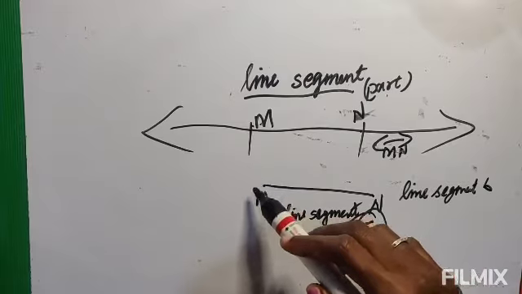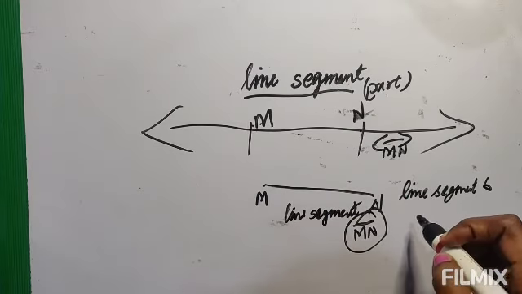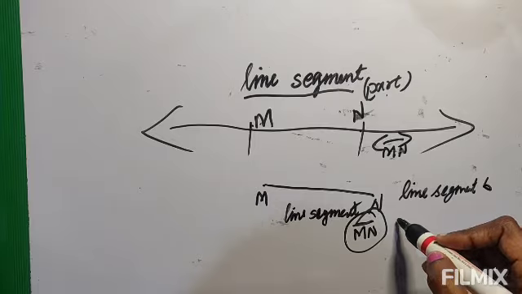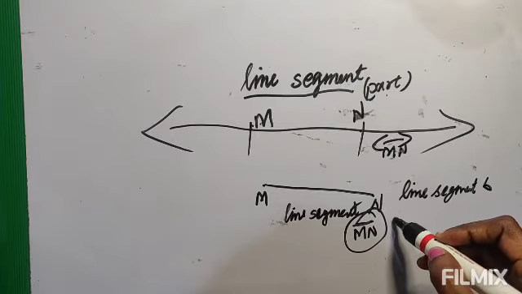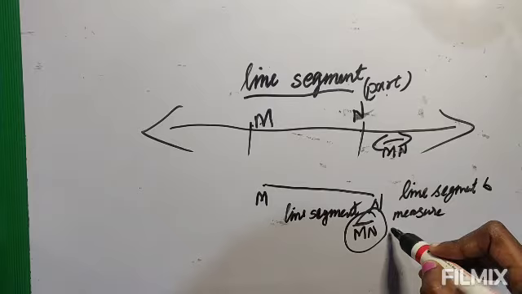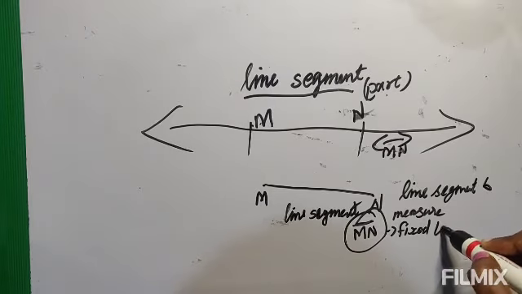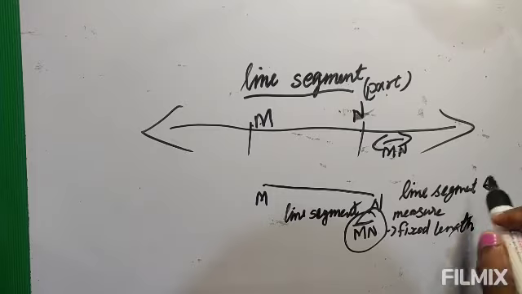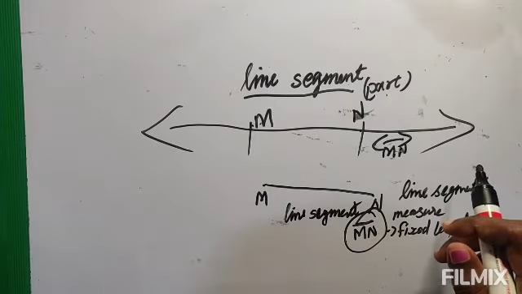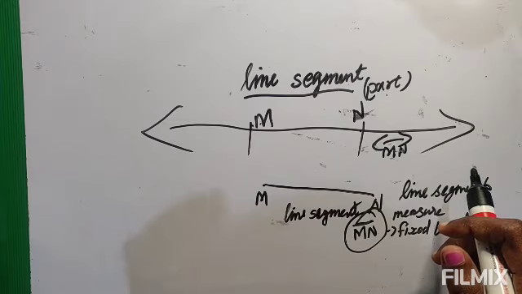Understand? It has a starting point and ending point, so we can measure the length, and it has a fixed length. Line has no starting point and ending point, so we cannot measure the line, so it has no fixed length.